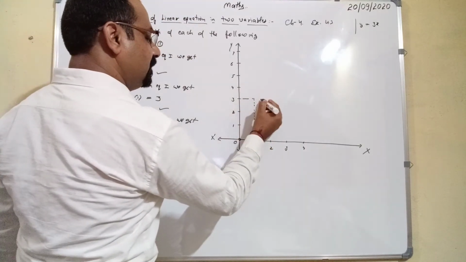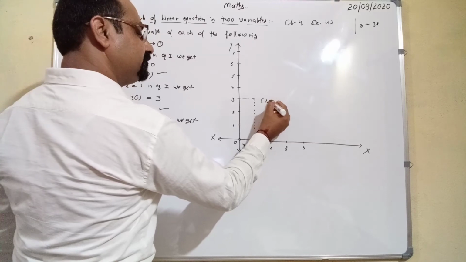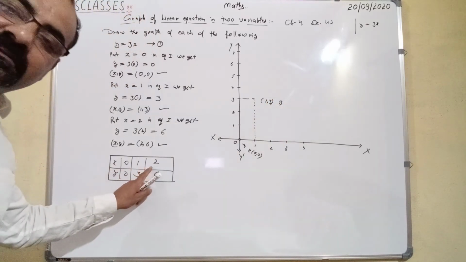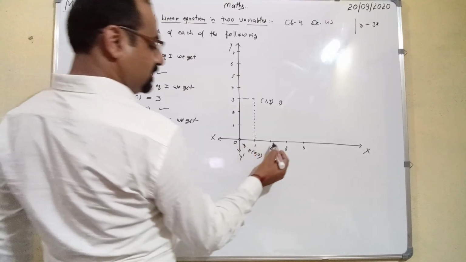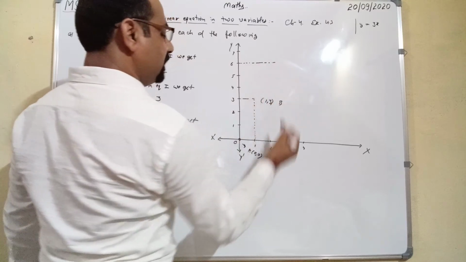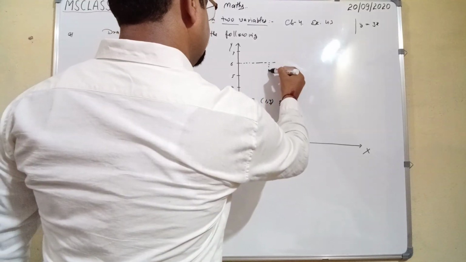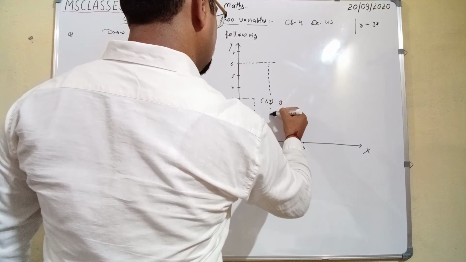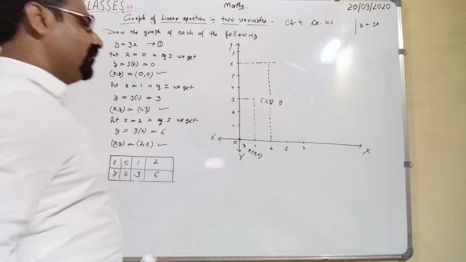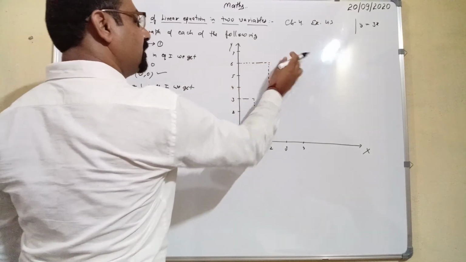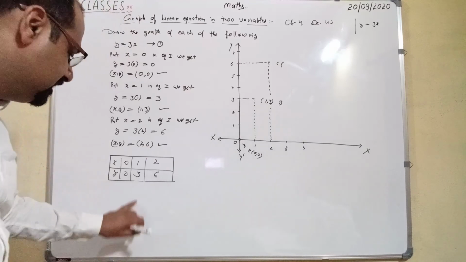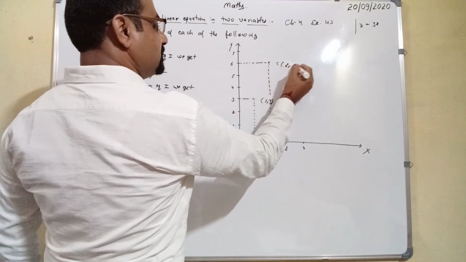So this is your second point, 1, 3. This is B. Now your third coordinate is 2, 6. You have to draw the perpendicular at 2 on the x-axis and at 6 on the y-axis. Where these two perpendiculars meet, this is your point C, and the coordinate of C is 2, 6.